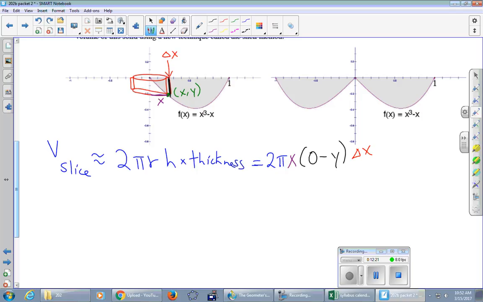That's why this kind of slice was better than the horizontal slice that we failed at earlier, is that this is the moment where we can just change the y into the equation that was given. So that means this is equal to 2 pi times x times 0 minus, what's the equation? X cubed minus x, delta x.